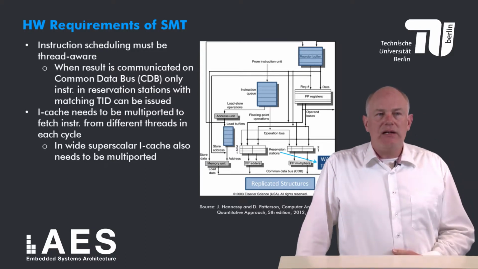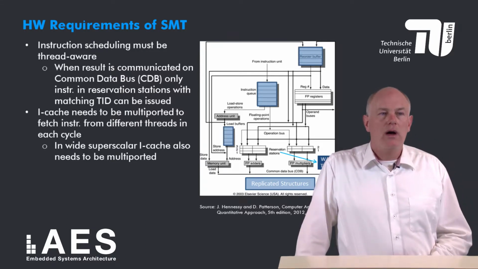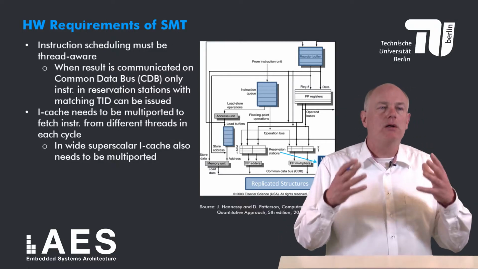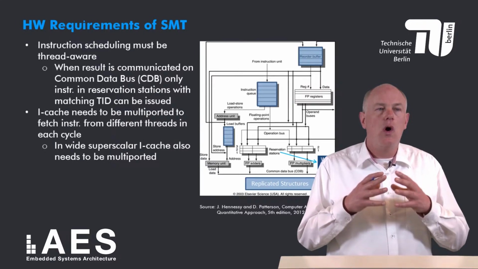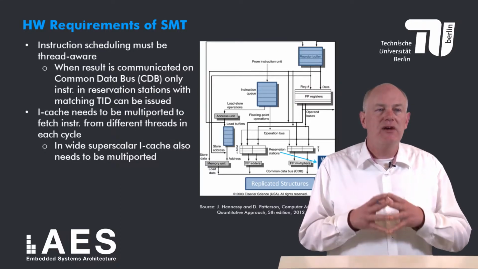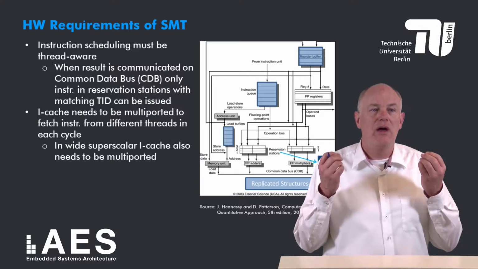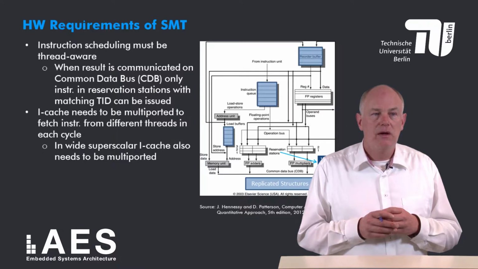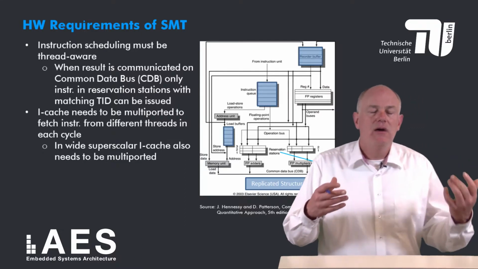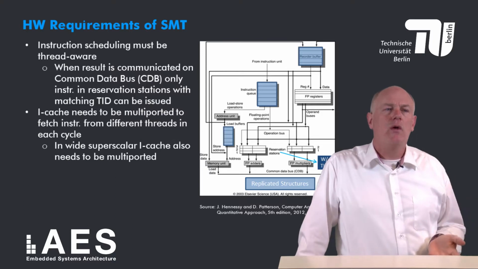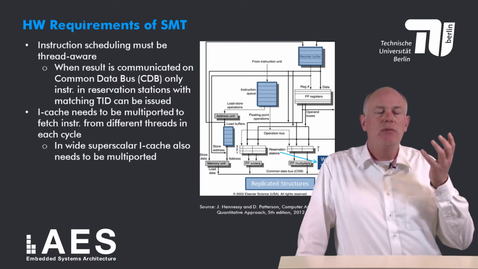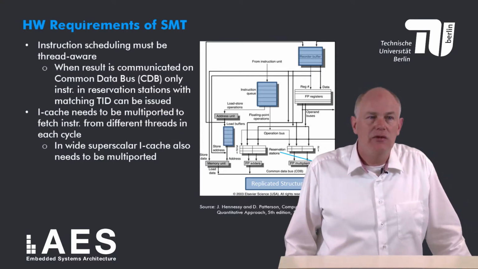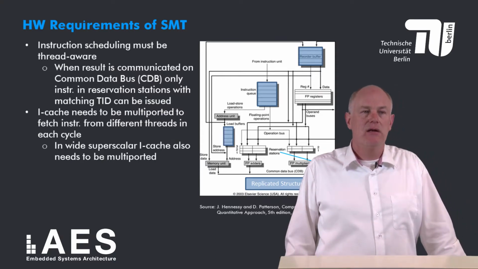Also, instruction scheduling must somehow be thread aware, because when the result is broadcast on the common data bus, only instructions in reservation stations with the matching thread ID can be issued. Also the instruction cache needs to be multi-ported to be able to fetch instructions from different threads each cycle.